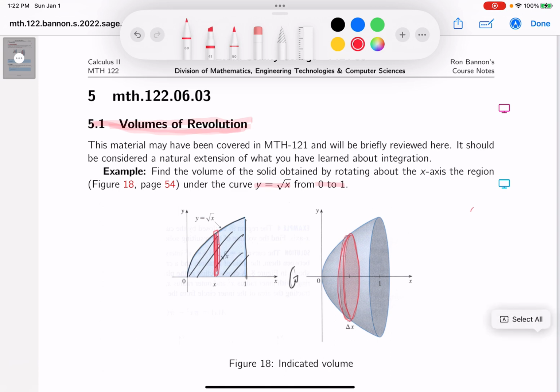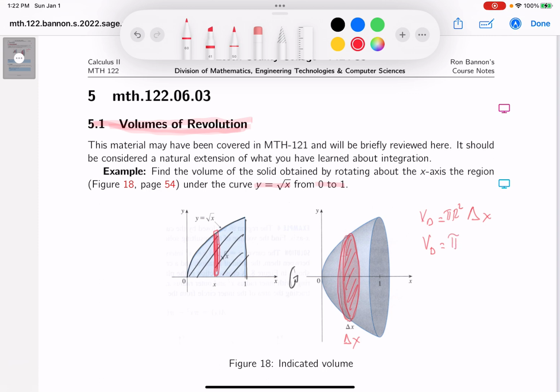I'm going to put that down over here now. And the volume of a disc is going to be the thickness of the disc. Well, in this case over here, it's delta x. And this is going to be the volume of the disc, by the way. So you are going to get delta x over here. Then the question is, what's the surface area of that? And that would be pi r squared. However, someone's going to say, you're mixing concepts over here with an r and an x.